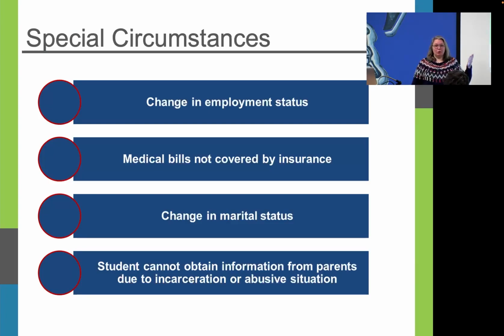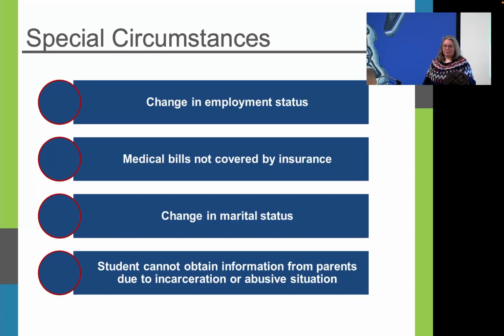Here's just some of the reasons why there might be a special circumstance. Say your parents were married as of the date the FAFSA was filed, but there's a change in marital status, and now one of the parents has separated. We can exclude that income. So that's one of the common reasons for special circumstances.